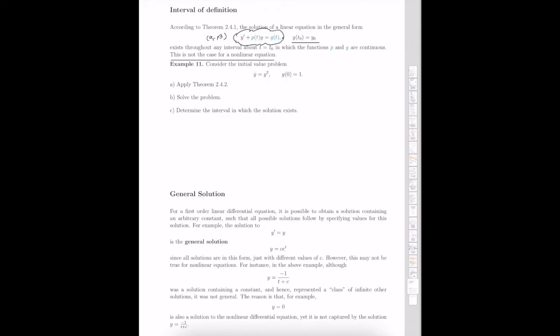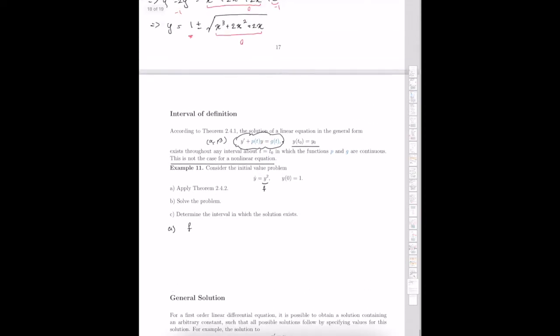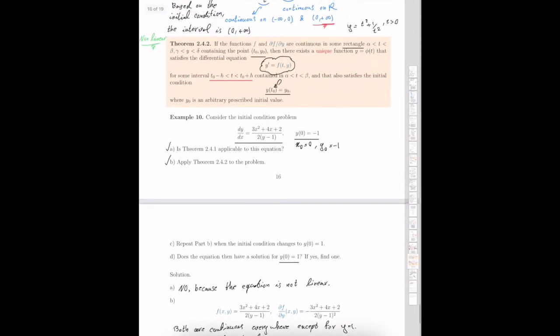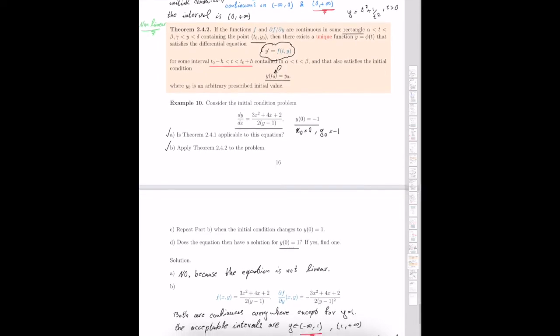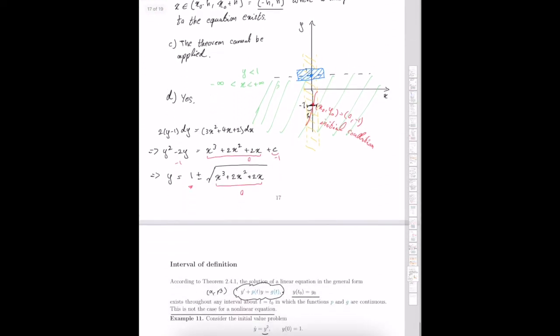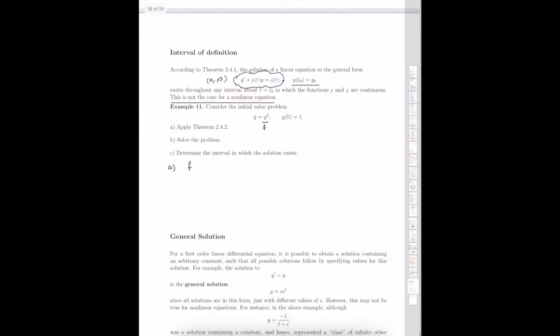If we apply this, we see that this is my f function, right? This is the function of t and y. So for part A, I will have f. If you recall, we should have written f and the derivative of f with respect to y. Okay, so f of t, there's really no t here.